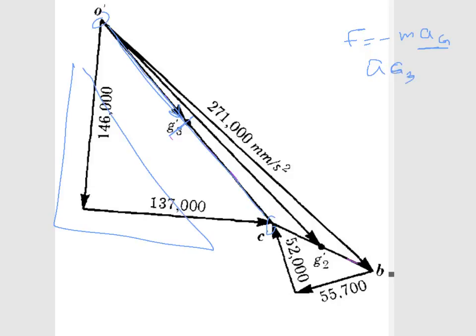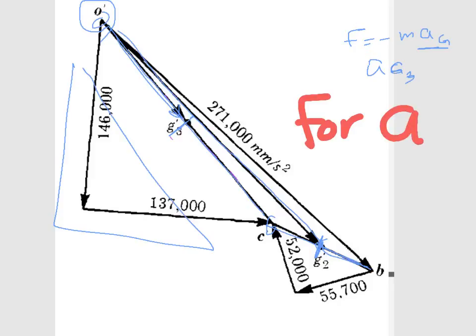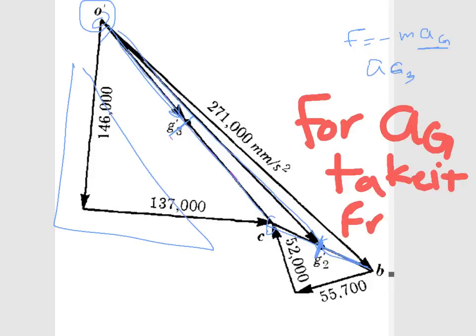And for link 2, I cannot take half the distance here; this is actually my resultant, and I cannot just take half of it. You must start from O up to the middle. So I will write this information: for AG2, take it from O.